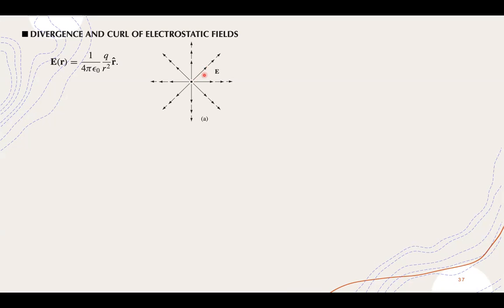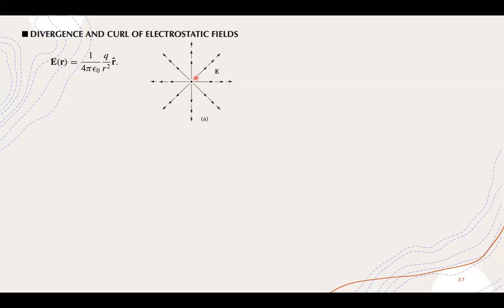You put an arrow here, and if the length is getting smaller and smaller, it means this vector has a lesser value compared to this one. This gives you the magnitude, and it is defined according to the electric field we are talking about, because it is inversely proportional to the square of the distance.